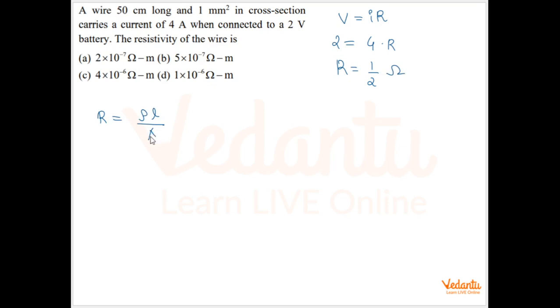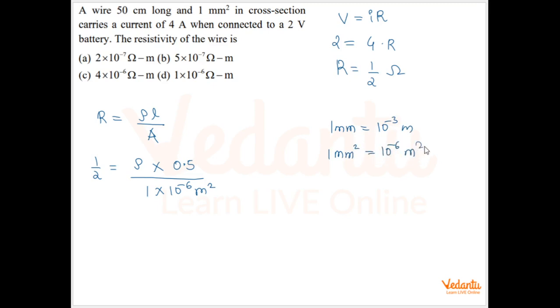Next, my dear bachcha log, we will use the formula R is equal to rho L by A to calculate the resistivity. Here beta, R is half, resistivity rho, length is given as 50 centimeter, that is 0.5 meters, divided by area is given as 1 millimeter square, that is 1 into 10 power minus 6 meter square. Bacho, this is very very important, beta, you have to remember that 1 millimeter is 10 power minus 3 meter, so 1 millimeter square will be 10 power minus 6 meter square.